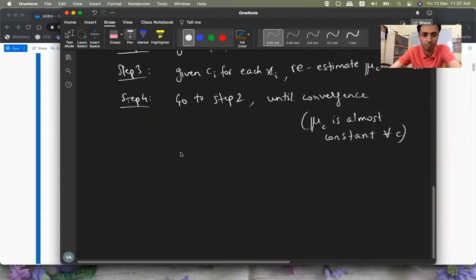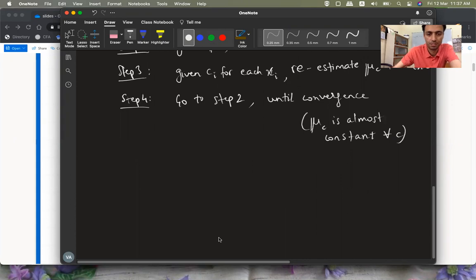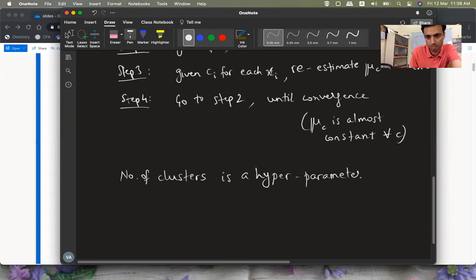Okay. So this number of clusters is a hyperparameter. What does it mean?